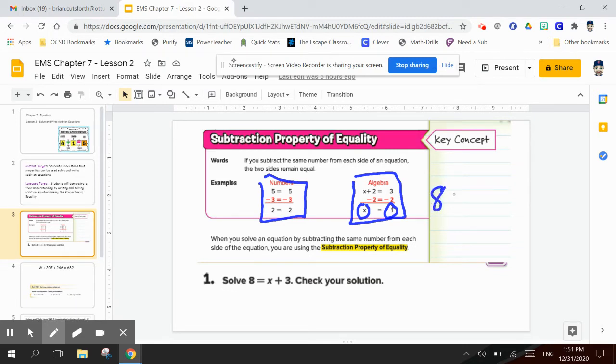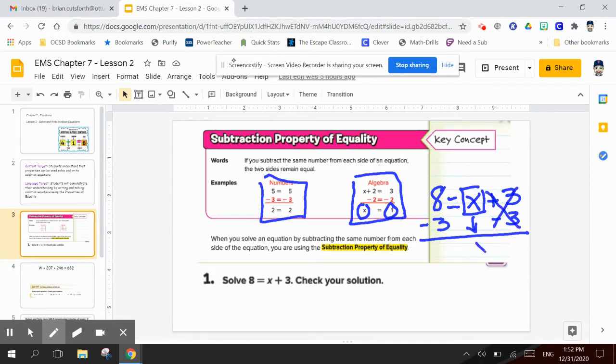So when we look at our first example of 8 equals x plus 3, to solve this, I'm going to take 8 equals x plus 3, and using the subtraction property of equality, I'm going to subtract 3 from both sides. By subtracting 3 from both sides, this leaves my variable x by itself. 3 minus 3 is 0, so those cancel out.